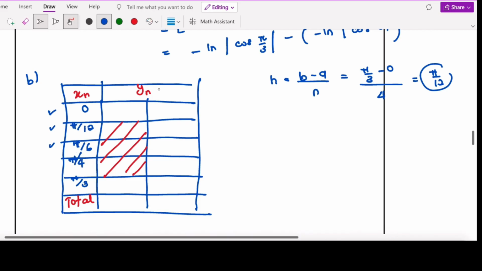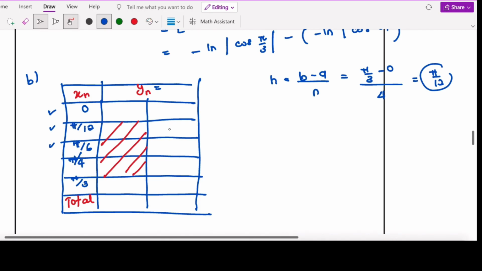Your y is your function itself, so your function is tan x. You just simply substitute your x into tan x to get the value of y. The question asks for your final answer in 4 decimal places, so first of all you need to use at least one more decimal place.